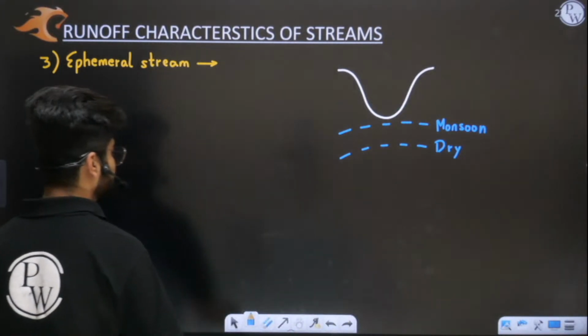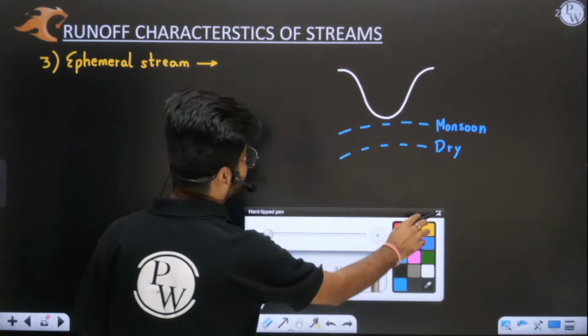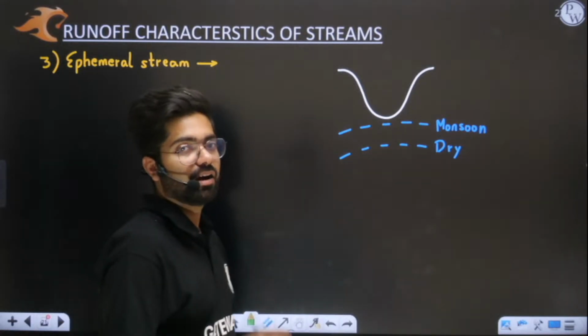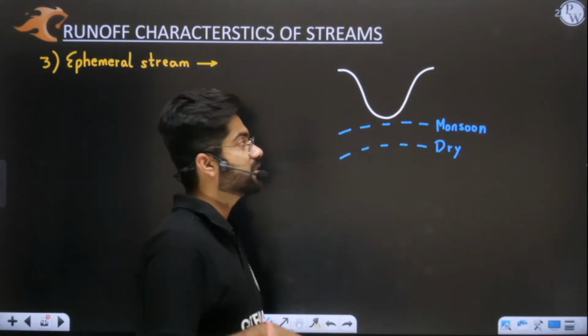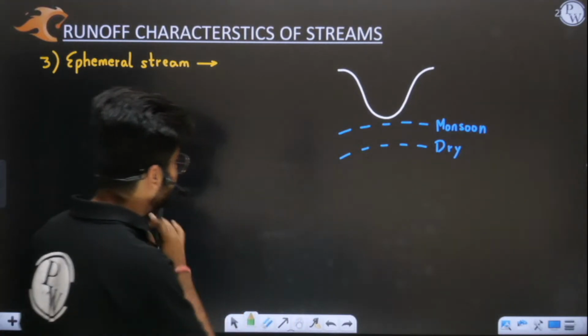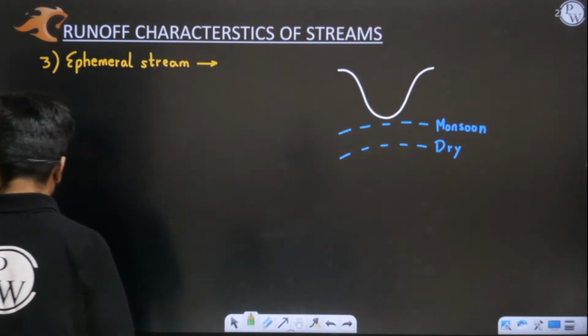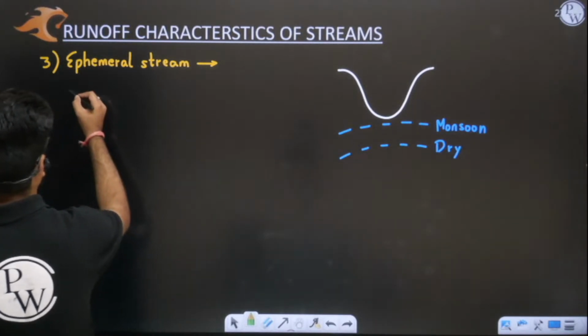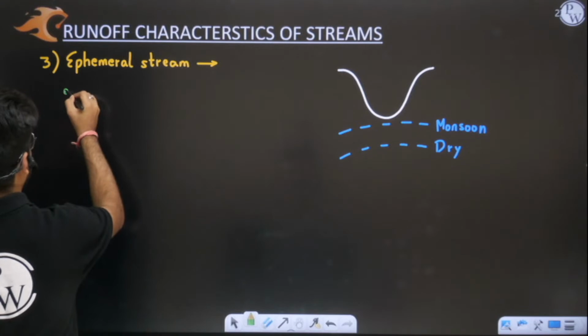For that you have to understand this will have water only in rainy season. After rainfall, you all know that this will receive a certain amount of water only in rainfall season, otherwise it will have no water. Okay, so let me write here the meaning of ephemeral stream.